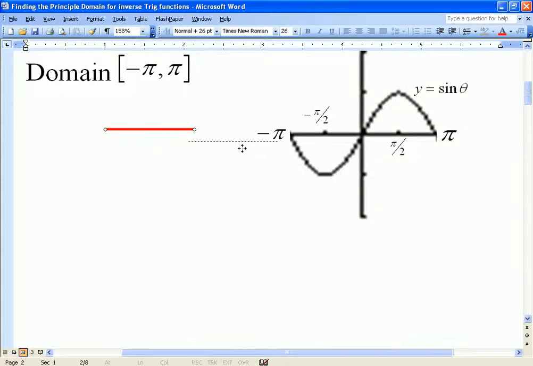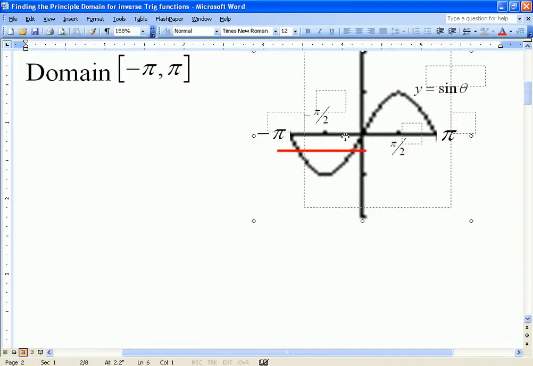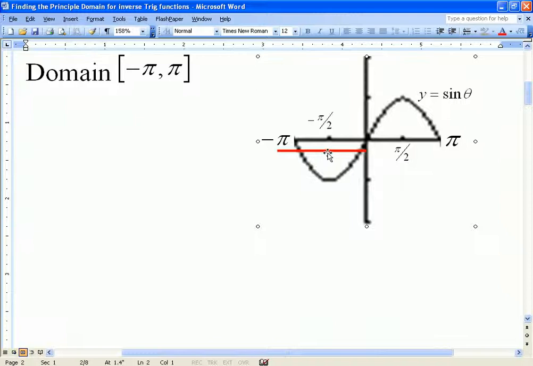Let's see now if this horizontal line will cut the sine function in one place only. No, it is cutting it in 2 places. That means with this domain, the inverse will still not be a function. I want to find a way of restricting the domain so that it will cut it in one place only.